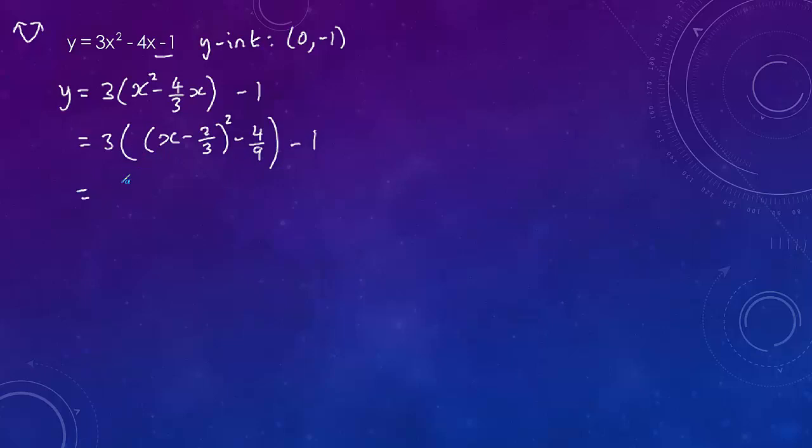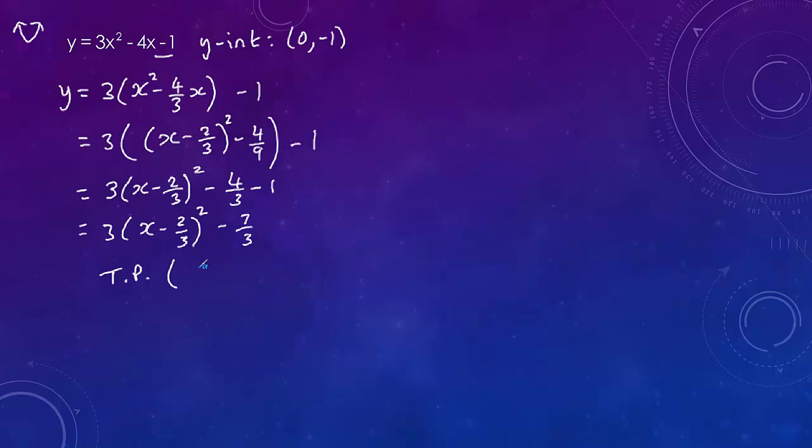Re-expand, and we get 3 times (x minus 2/3) squared, and then 3 multiplied by negative 4/9 would give me negative 4/3, and don't forget the minus 1. And of course minus 1 is minus 3/3, so we have 3(x minus 2/3) all squared, take away 7/3, which tells me that the turning point is at (2/3, -7/3).